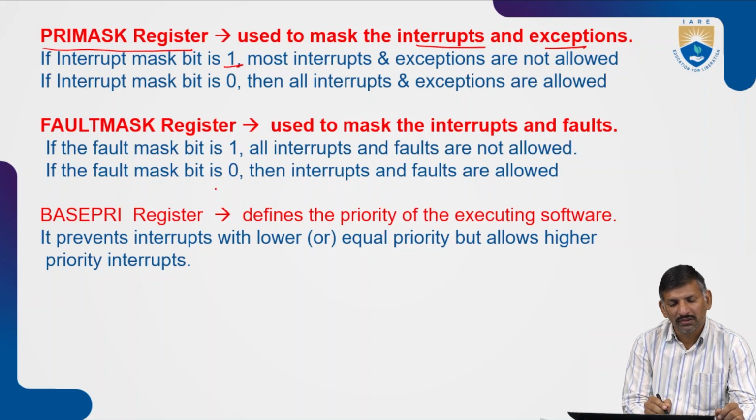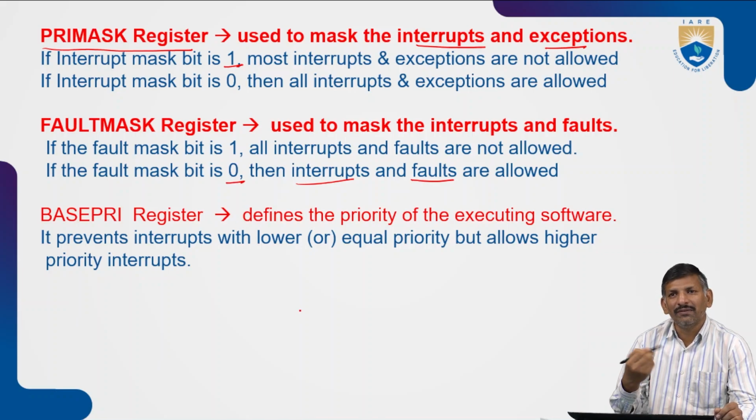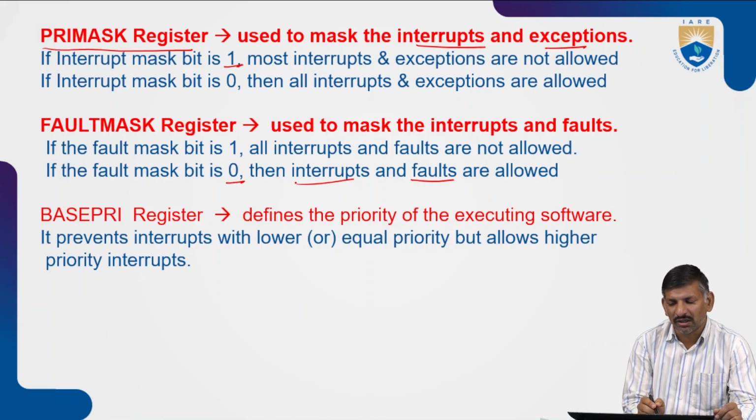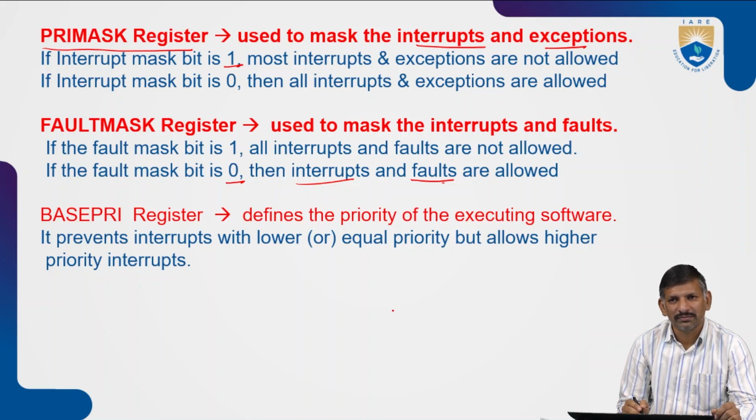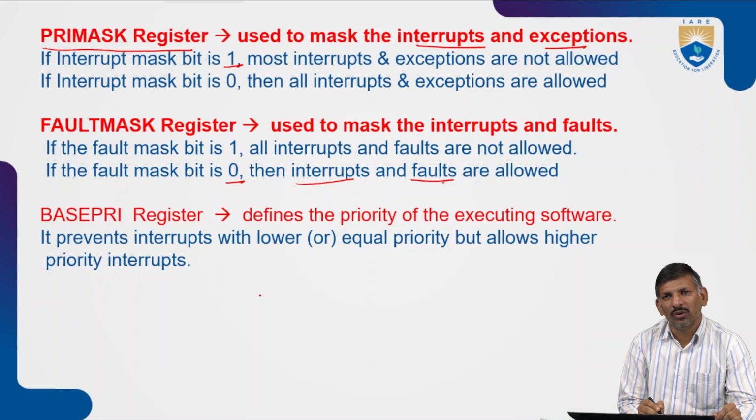Similarly, by default it allows faults and interrupts, and at that time the value is 0. Whenever we want to stop or hide the fault interrupts, the fault mask bit is 1. Next, similarly, base priority: by default it allows all the interrupts. Whenever you want to allow only the highest priority task, this value is 1.